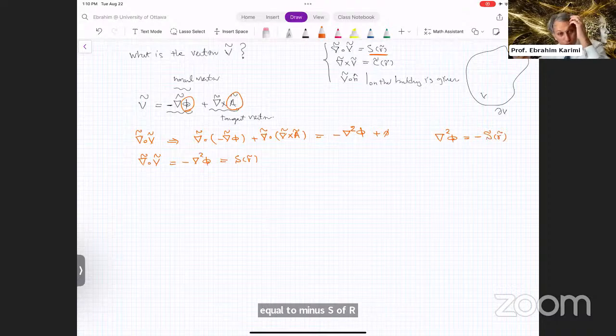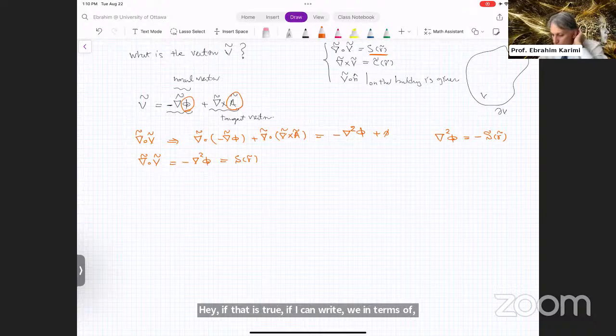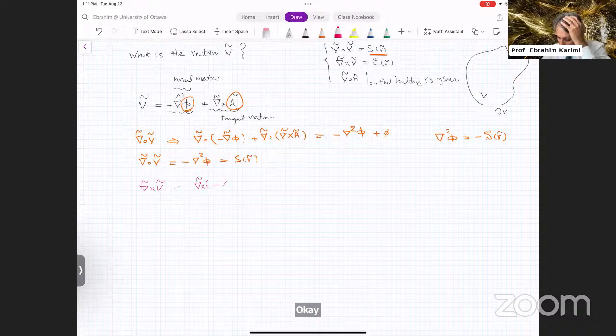If that is true, if I can write V in terms of minus gradient of phi plus curl of A, then the divergence of V will tell me what is happening with the Laplacian of phi equal to minus S. What is happening with the curl of V? Curl of V means that you have a curl of minus gradient of phi, right?